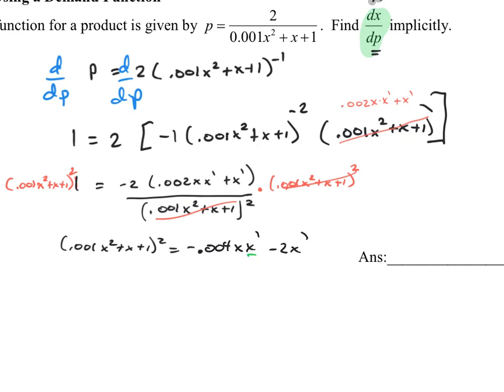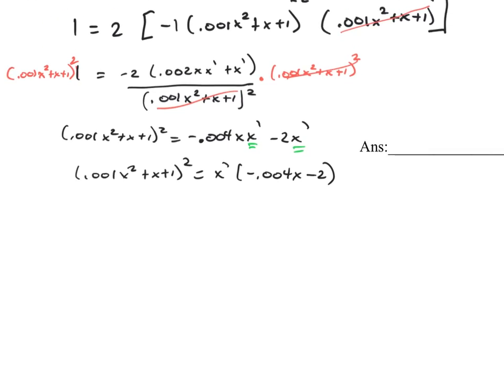Notice on that right hand side I do have an x prime in common, which is what I wanted, so I could factor it out. So this would be 0.001x squared plus x plus 1 quantity squared, same thing on the left. Factor out that x prime, I'd be left with negative 0.004x minus 2.